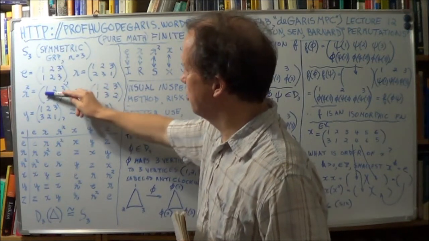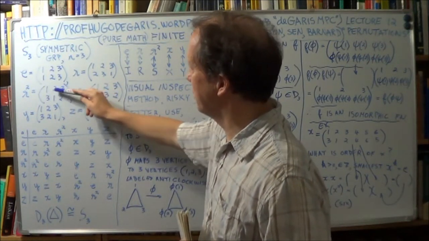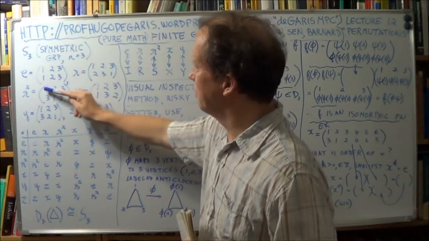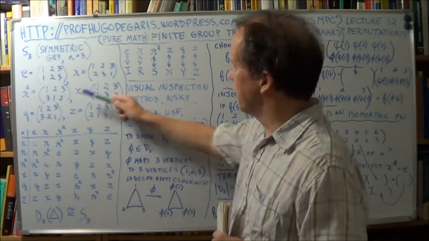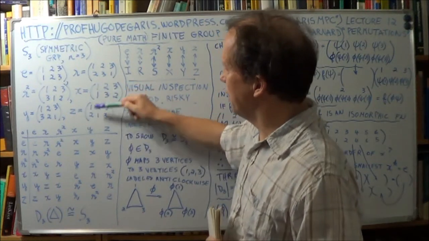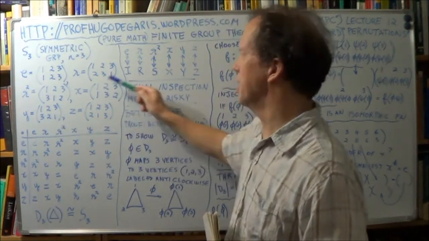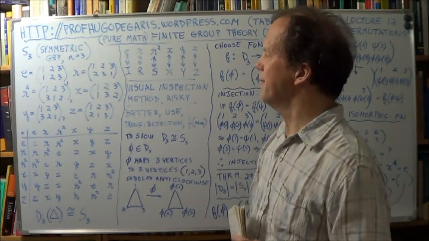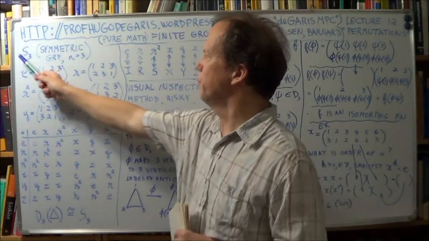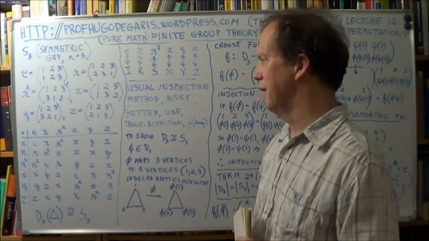So this 3 moves up 2 positions, and the 1 wraps around, and again, 3, 1, 2, okay? And the X, Y, Z, the 1 doesn't change, the 2 doesn't change, the 3 doesn't change, so systematic. So there are your 6 elements of this group, the symmetric group, n is 3.